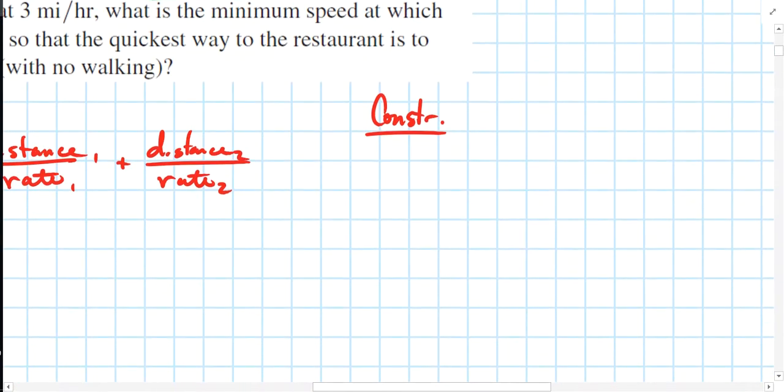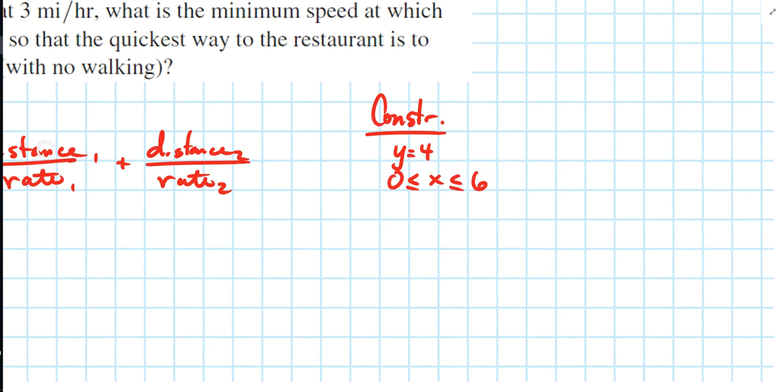And our constraints then are simply this, that y has to equal 4 and that x has to be some value between 0 and 6. But really, that's a discussion of a domain restriction.